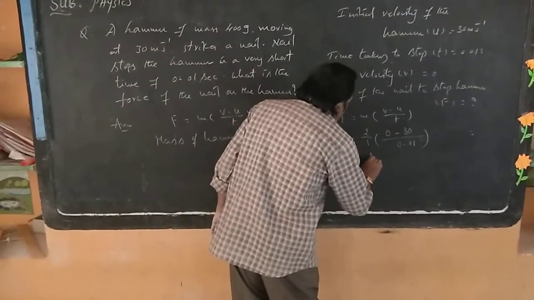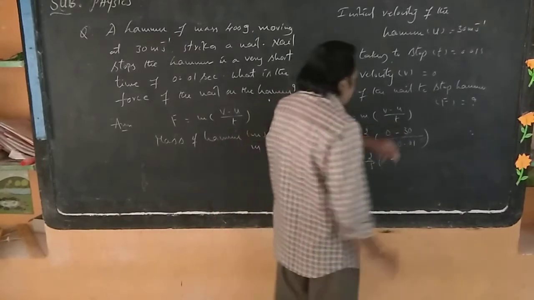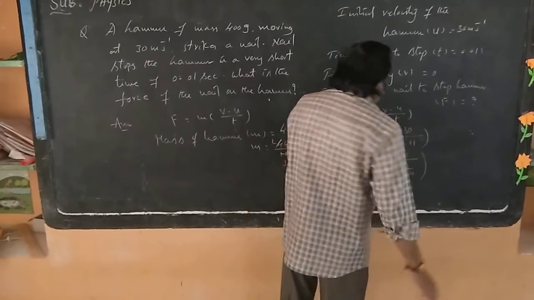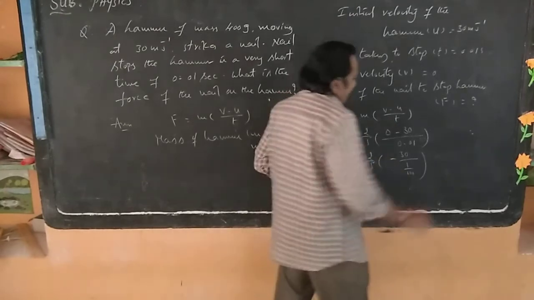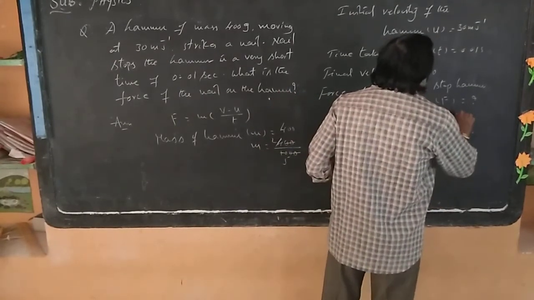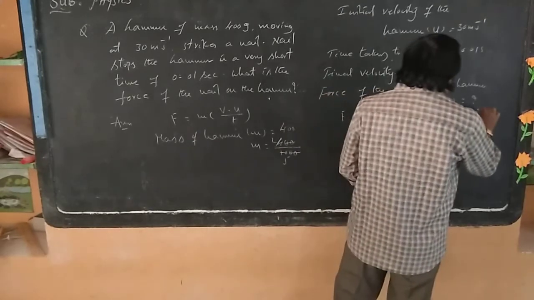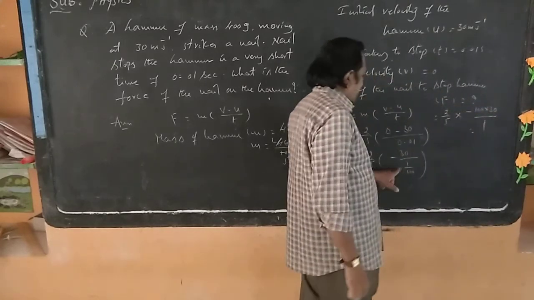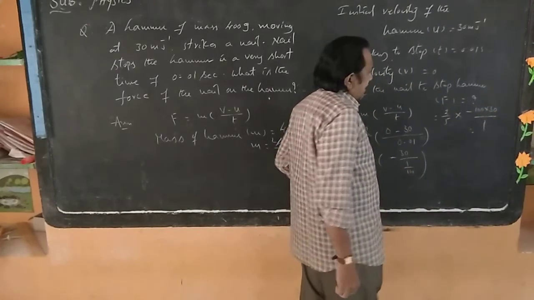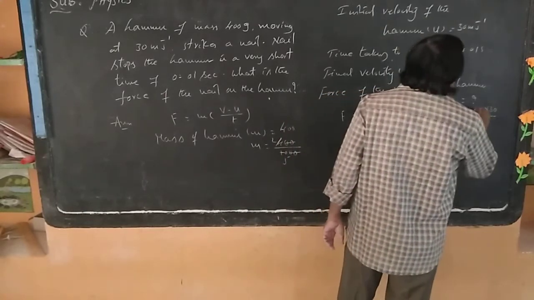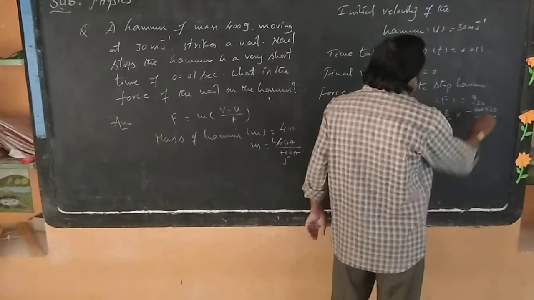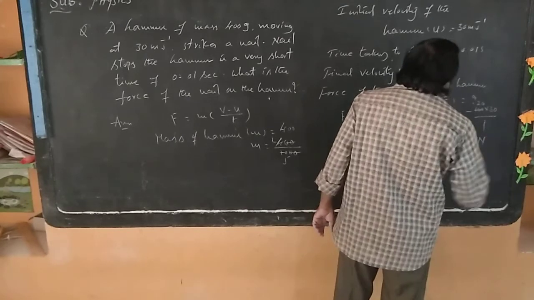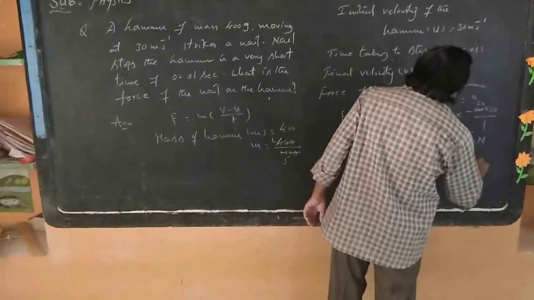This is equal to 2 by 5 into minus 30 by 0.01, which we write as 1 by 100. Now what do you get? That is equal to 2 by 5 into minus 100 into 30 by 1. 100 goes upside. Now 5 ones are 5, 5 20s are 100, 3 2s are 6, so 600 into 2, minus 1200 newtons.